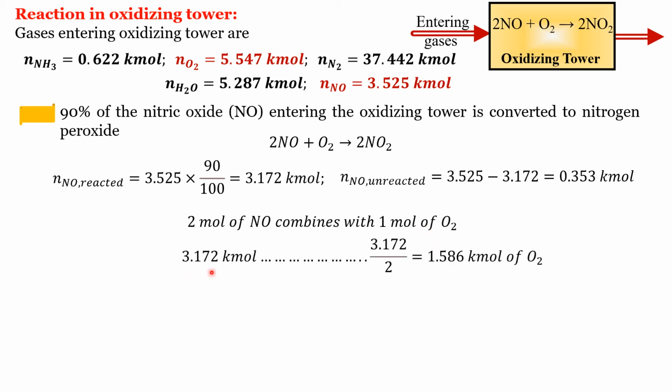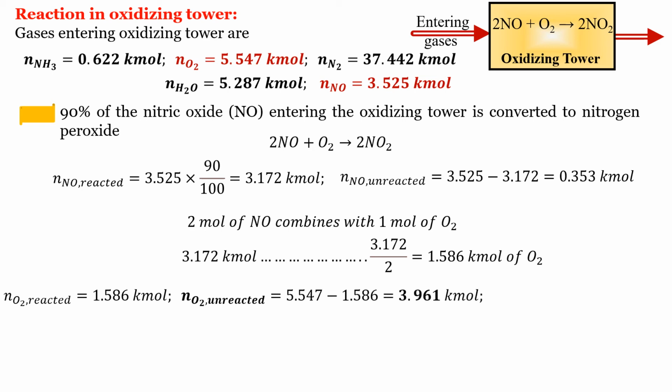So corresponding to this amount, we will get 1.586 kilomole of O2. So this is the amount of oxygen reacted, and the total amount of oxygen is 5.547. So remaining amount will come out as unreacted oxygen.